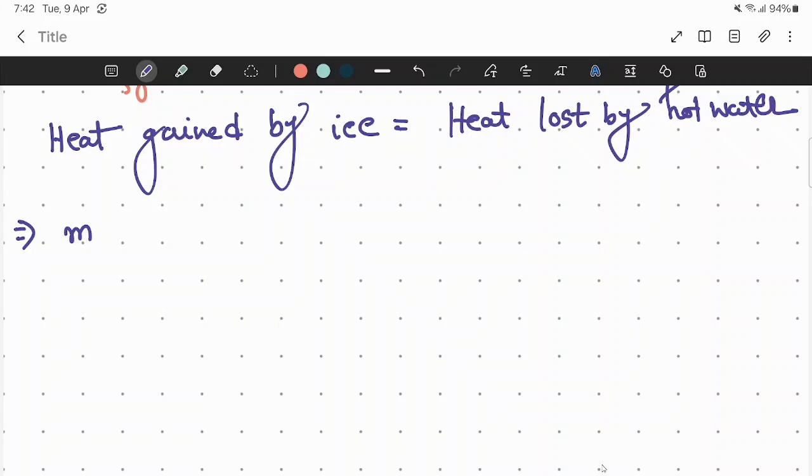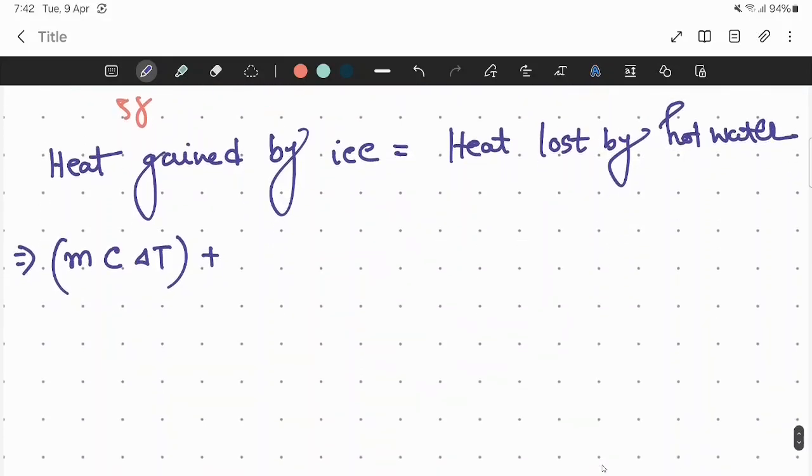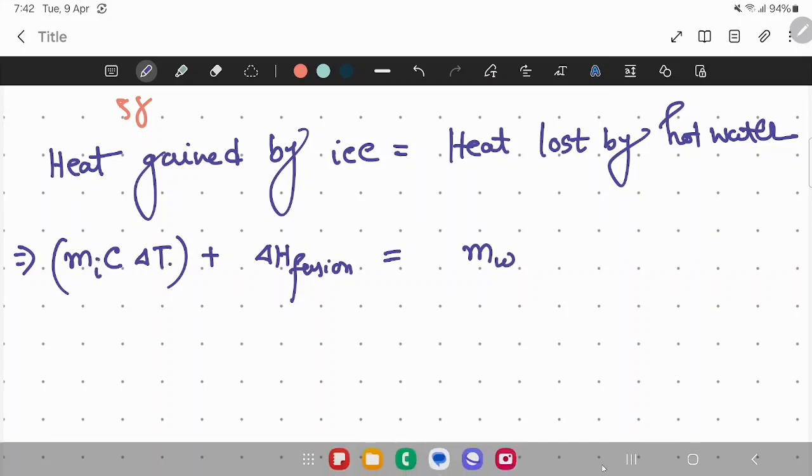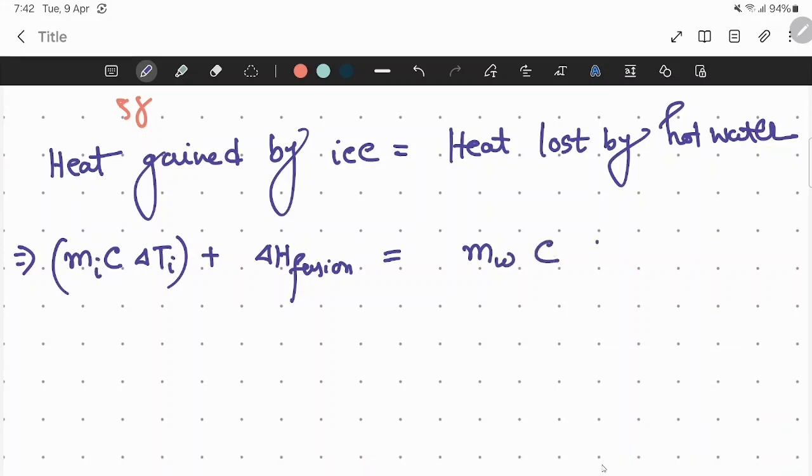So for ice and water, heat capacity is the same. So M, heat capacity is C, del T. This is this amount of heat, plus the ice has to melt into the water. So that amount of heat you also have to consider. That is del H fusion equals the amount of water MW times C times del T W.